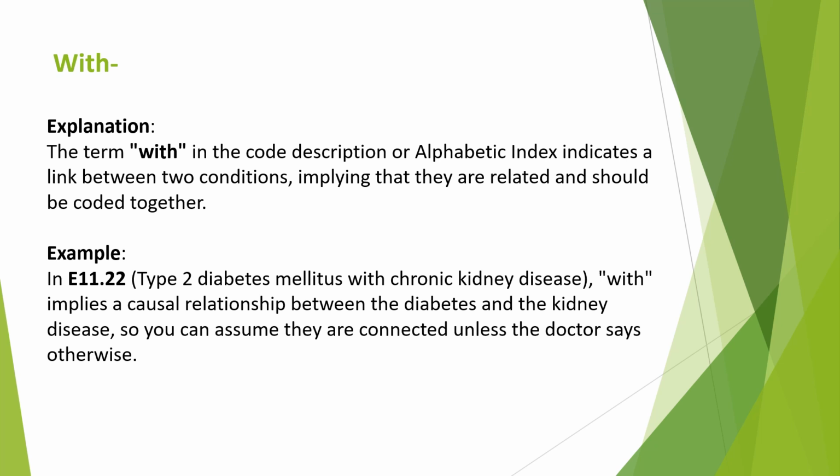That means if the doctor is not documenting anything, we can assume the causal relationship and build the combination code. But if the doctor specifies that they were not related to each other, that the kidney disease was because of something else, other than diabetes, then we cannot code this together. So this is the meaning of with.